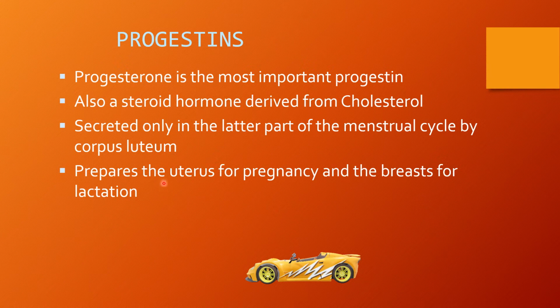So that's the action of your progesterone. Once there is fertilization, the life of the corpus luteum will be prolonged. The corpus luteum will produce more progesterone because it prepares the uterus for pregnancy and the breast for future lactation.